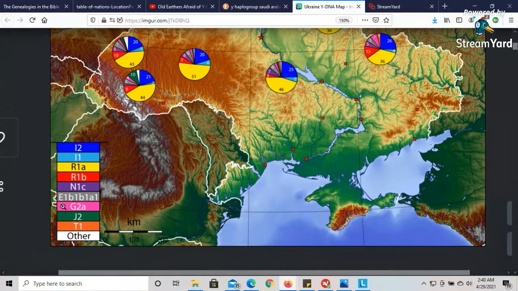What is this? E1, B1, B1, A1. This is the signature of the Jewish people, which is probably the Canaanites. It seems to accompany them wherever they go. Albert Einstein was an E1, B1, whatever. Adolf Hitler was an E1, B1, whatever.